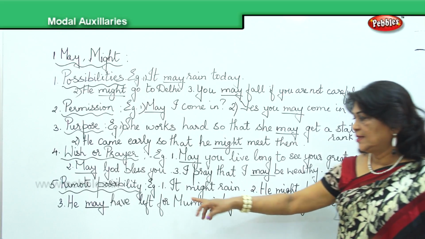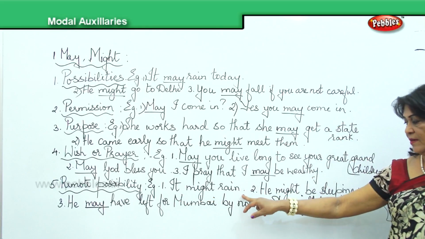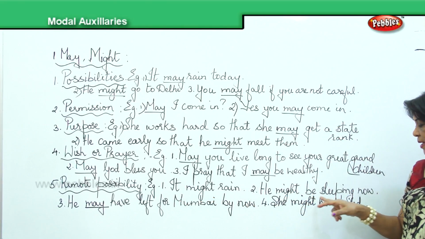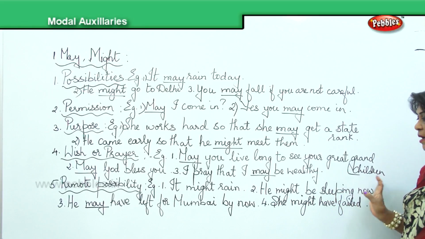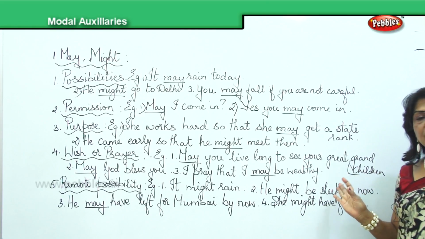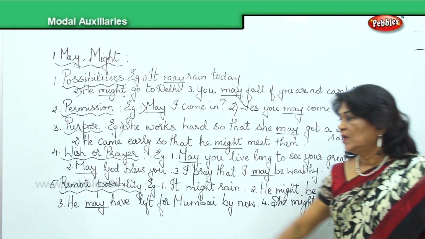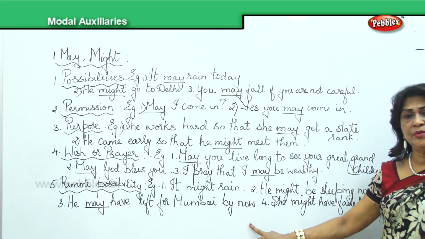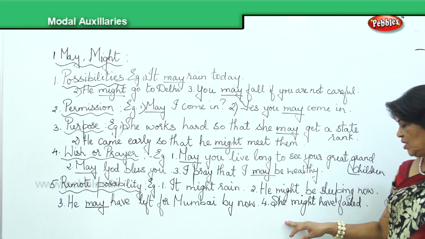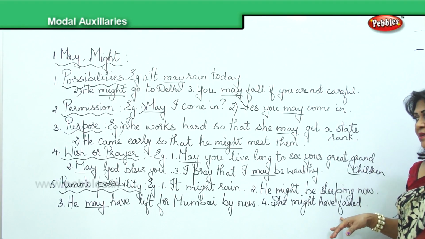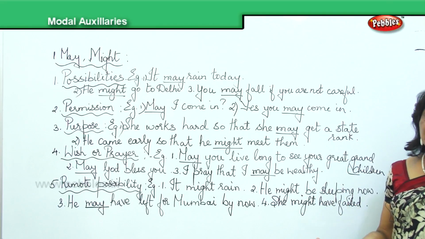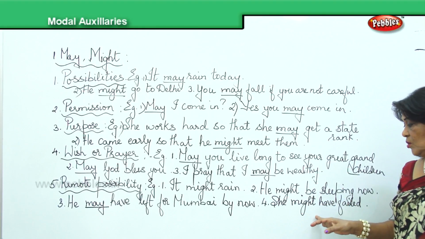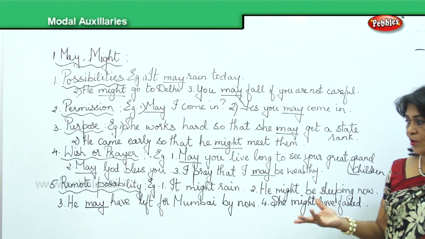Okay, let's see. It might rain. He might be sleeping by now. He may have left for Mumbai by now. She might have failed. These sentences, it may not be true also. She might have failed, may not be true.